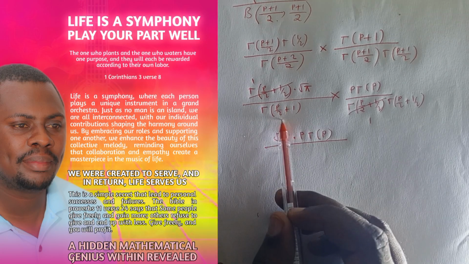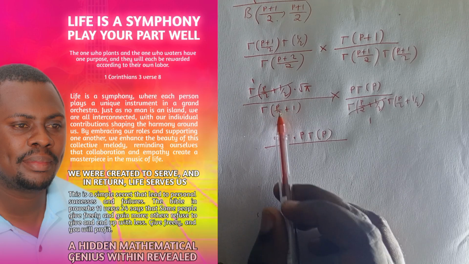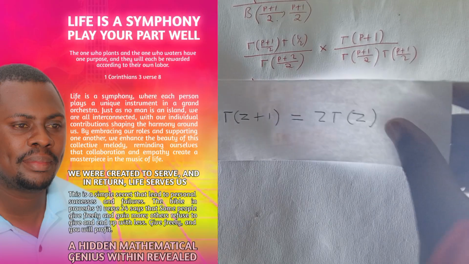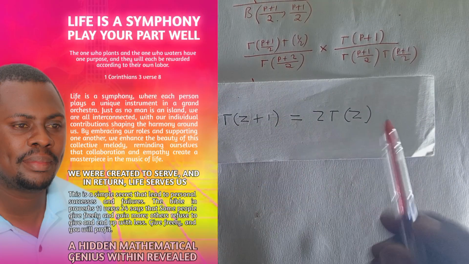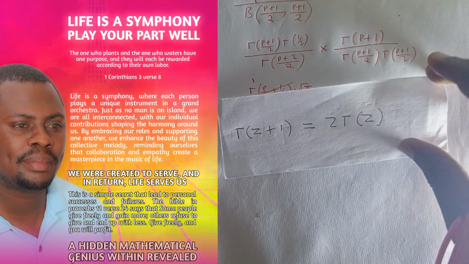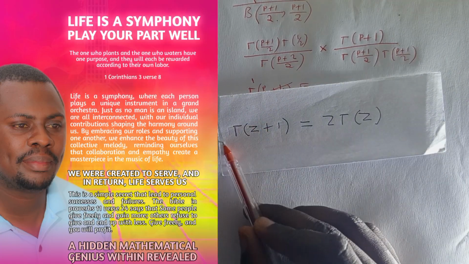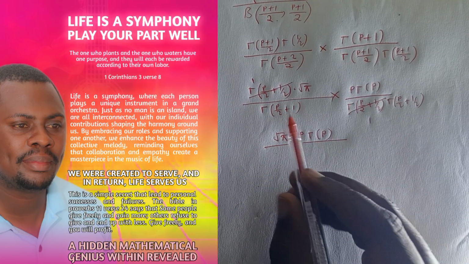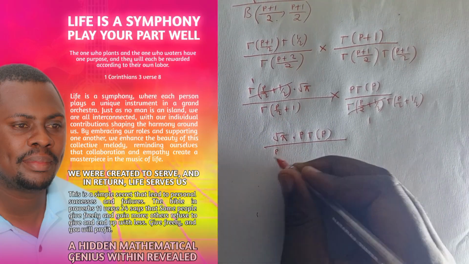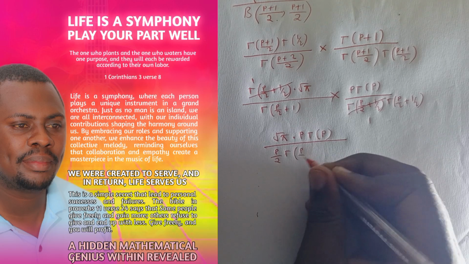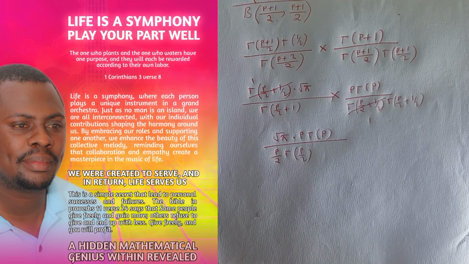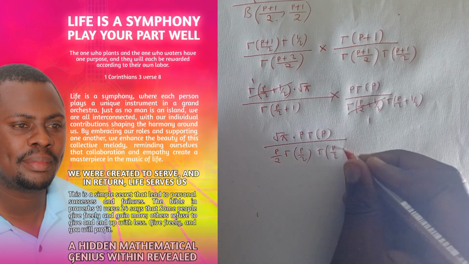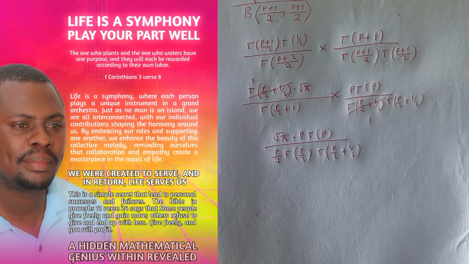That is if we have a plus 1, according to this property, gamma of z plus 1 is equal to z gamma of z. So this z will just come out and you get rid of the 1. Okay, so gamma of p over 2 plus 1, you get p over 2 gamma of p over 2. Okay, so this is multiplied by gamma of p over 2 plus 1 over 2.